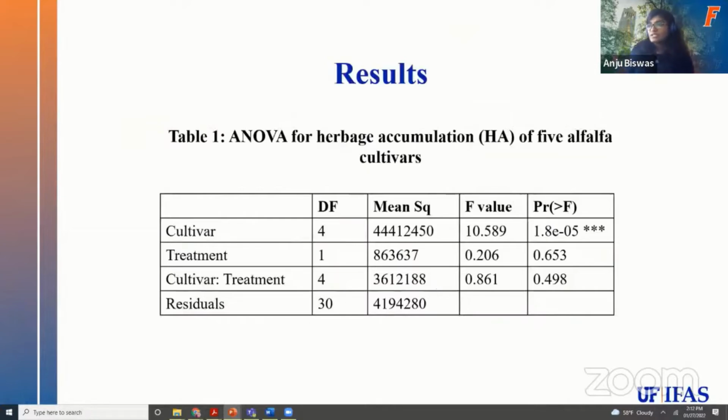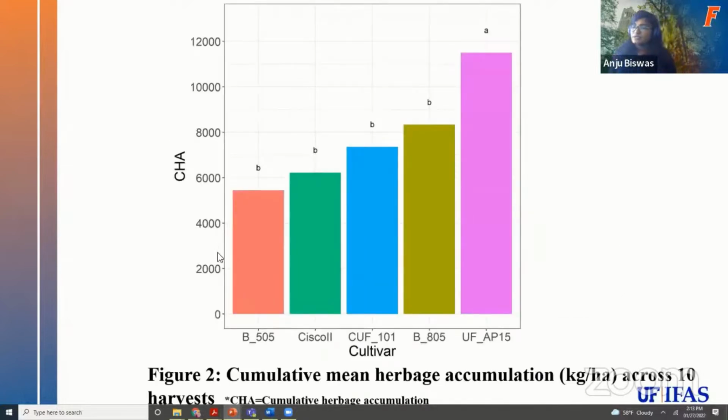So in our results section, you can see the analysis of variance for harvest accumulation for 5 cultivars, and you can see the significant difference among 5 cultivars for yield or biomass production. And here, I'm going to show you cumulative mean harvest accumulation across 10 harvests based on the HSD test after ANOVA.